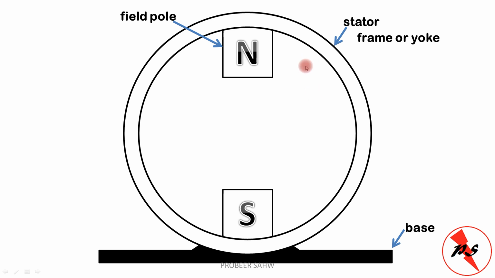So here we are looking at two poles of magnets. These magnets are permanent magnets. This is the north pole and this is the south pole. We can have either permanent magnets like this, or we can have electromagnets. So what we do is we wrap conductors around these field poles like this. Now when we pass current in the direction shown by this arrow, we'll get a magnetic field.